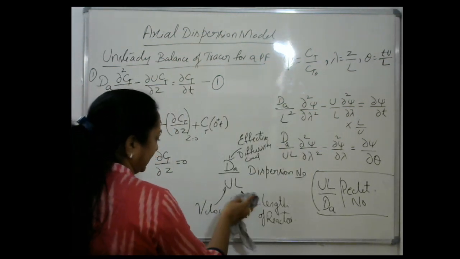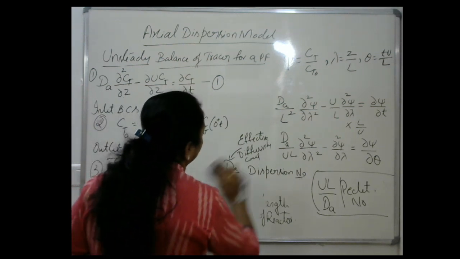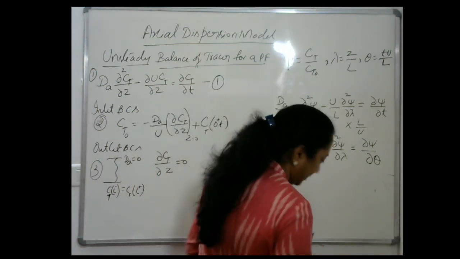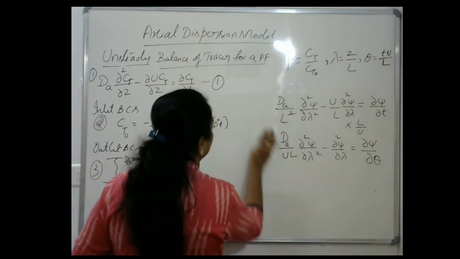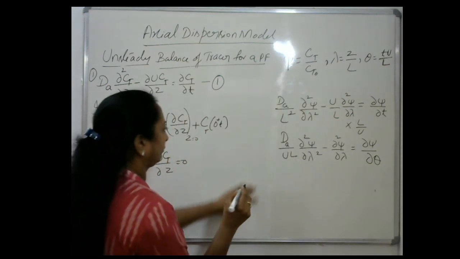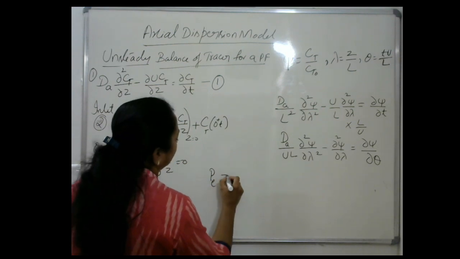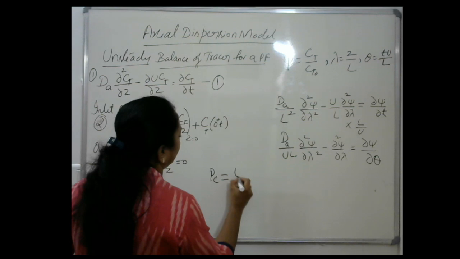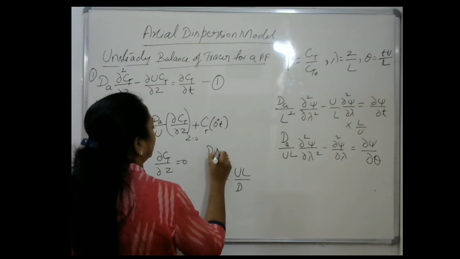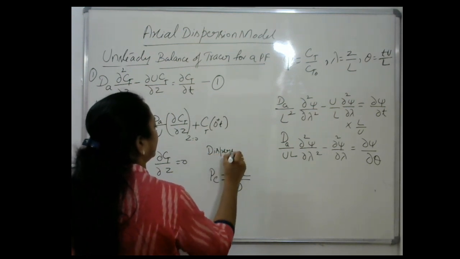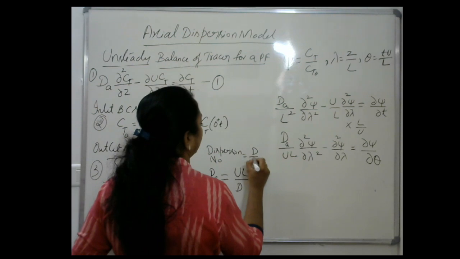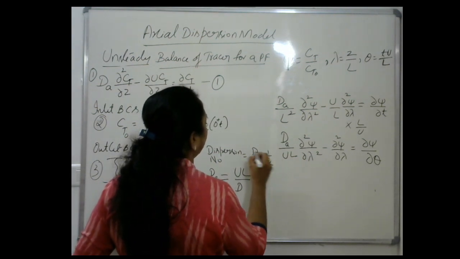Let me explain. I'll write all these things smaller and explain here. Peclet number, Pe, is UL by D. Dispersion number is D by UL, which is equal to 1 by Pe.